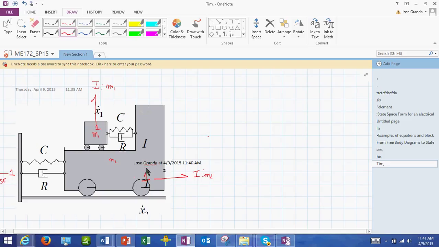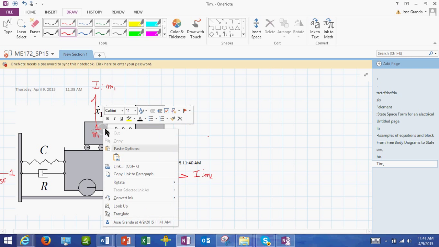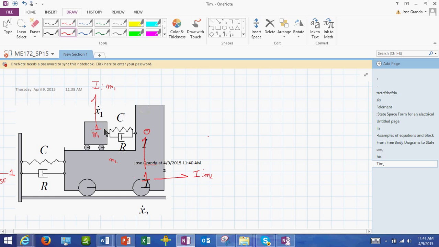So we did it like this, minus, let's see, this one, this minus this will produce a relative velocity, which I call a 1, that says this was velocity of m1 minus velocity of m sub 2.